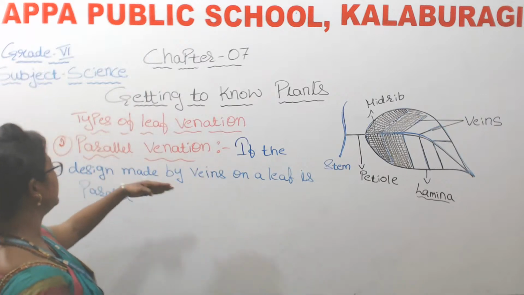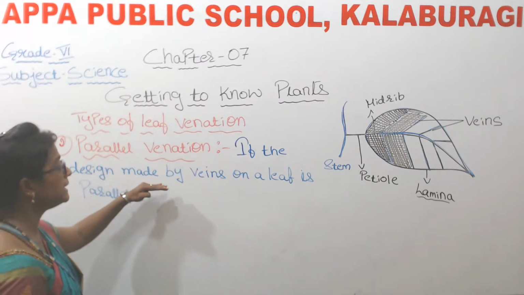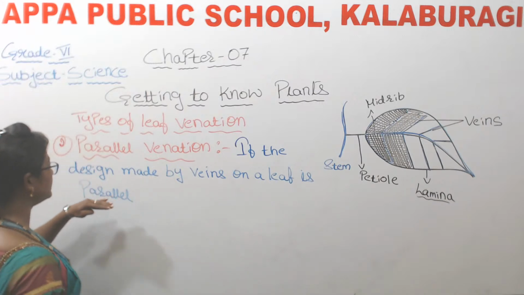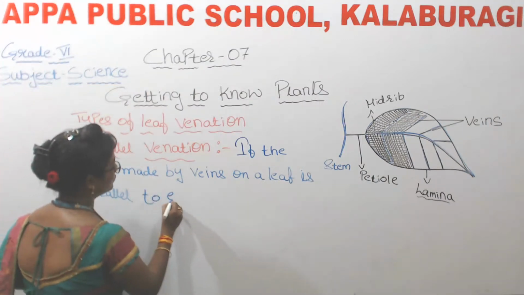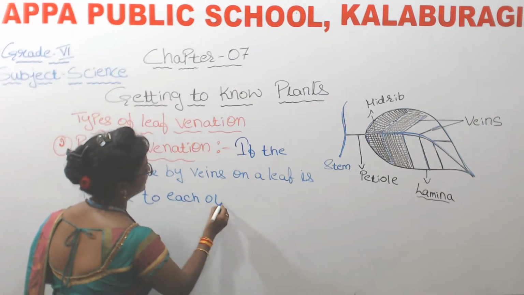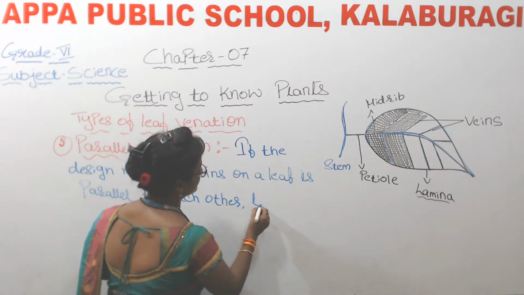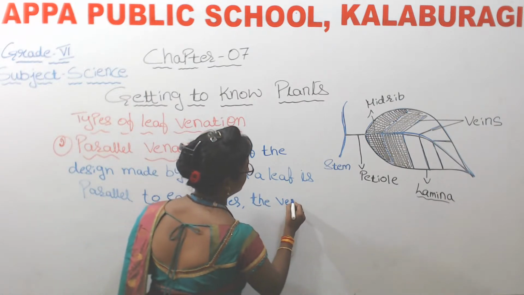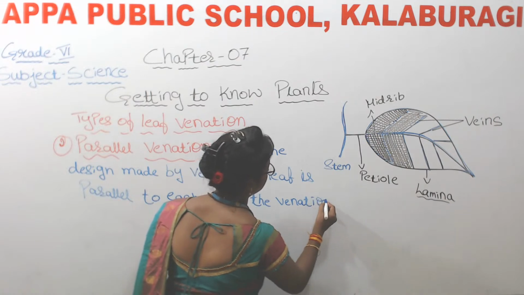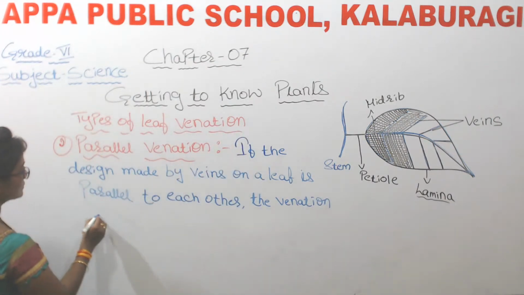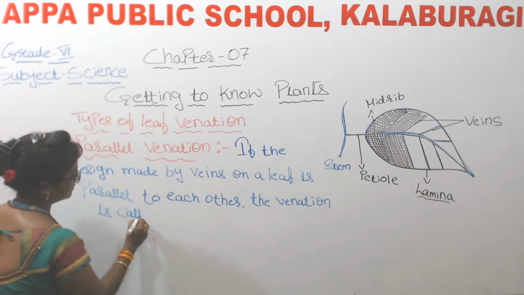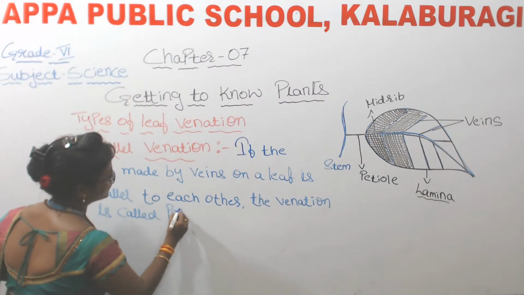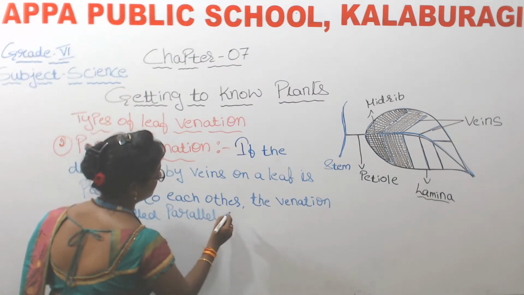If the design made by veins on a leaf is parallel to each other, that venation is called, which venation? Parallel venation.